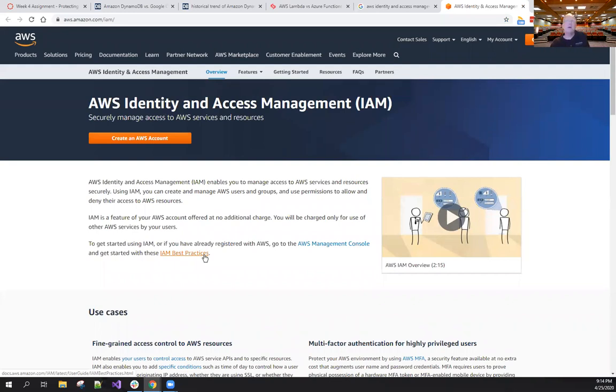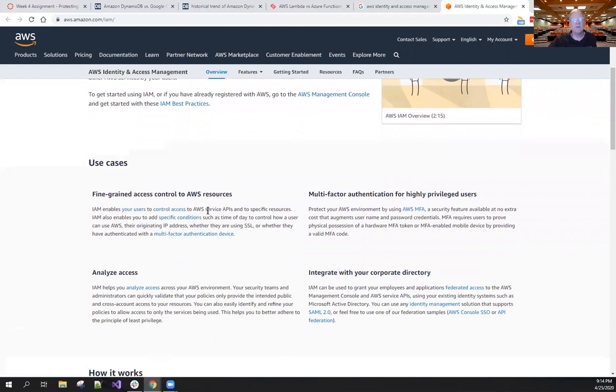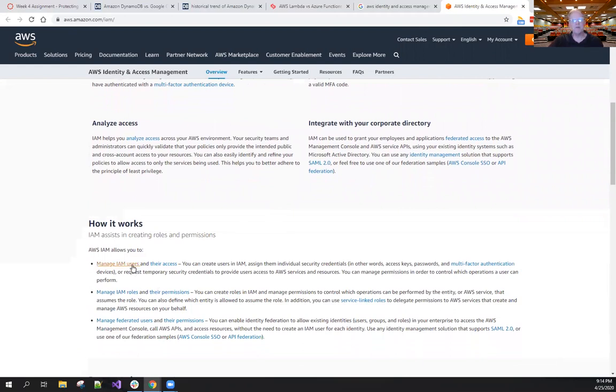In Microsoft, you use Active Directory to manage this. So this is kind of the correlation of Microsoft Azure or Active Directory to AWS. So you can just drill down right to the specific resources, so you manage their users and their access.